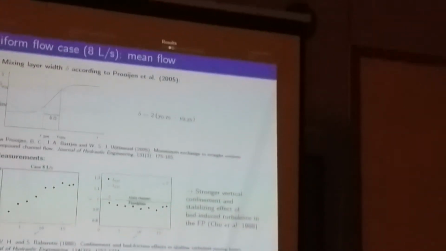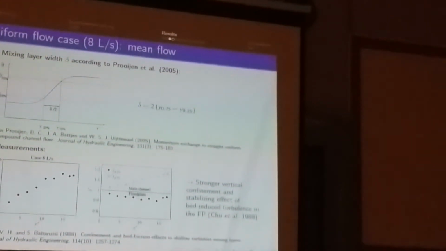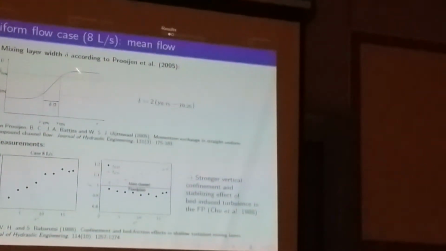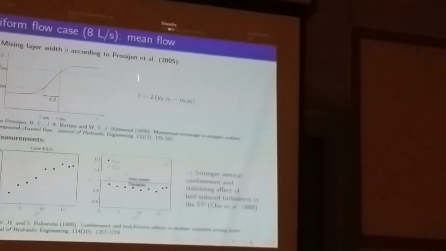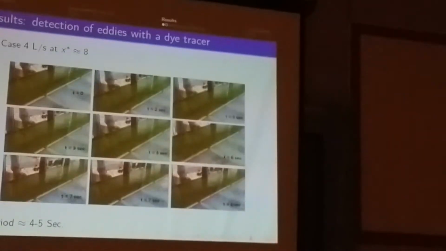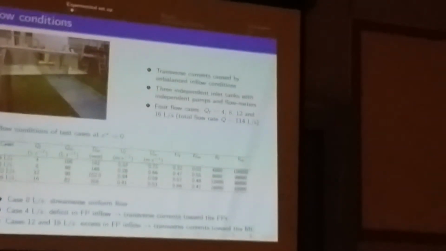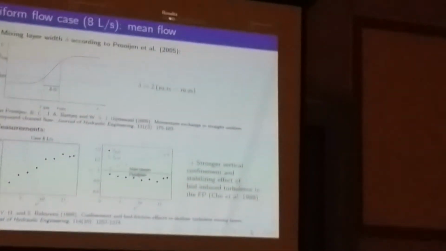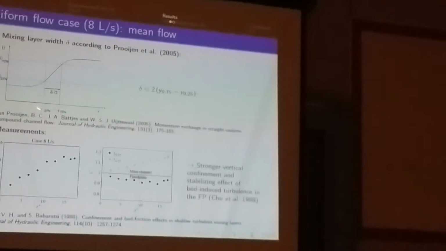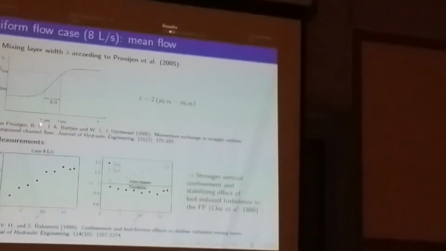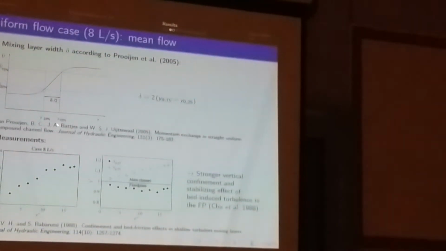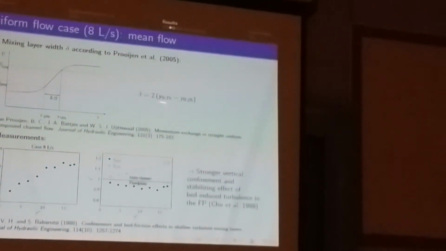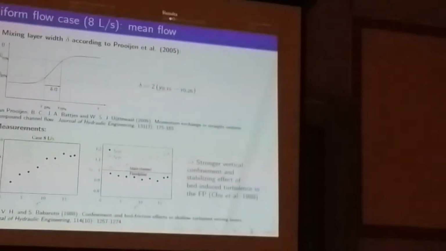The mixing layer width, delta: you have several formulas in the literature. I'm using this formula of van Prooijen. So here you have y 0.25, here you have y 0.75, and delta is equal to 2 times this difference.